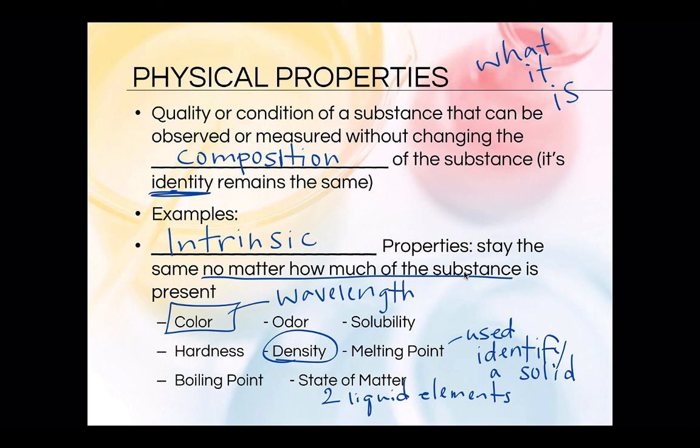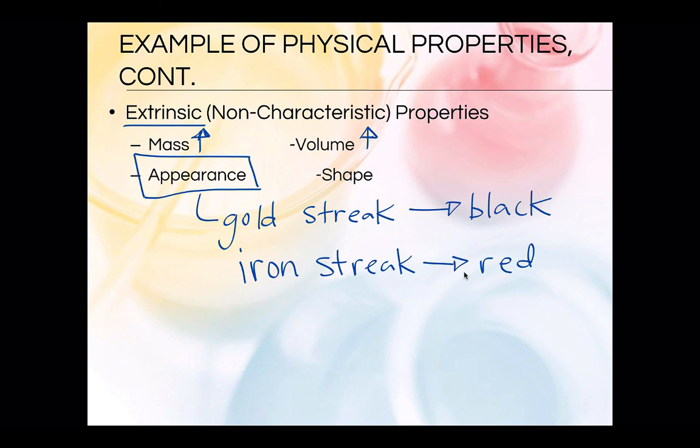So the color could be an intrinsic property if we're talking about specific wavelengths and atomic fingerprints called the emission spectrum. But if we're talking about the color of how it appears to be, then that is going to be an extrinsic physical property, because that sometimes depends on how much stuff you have.